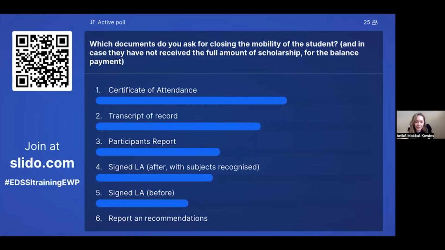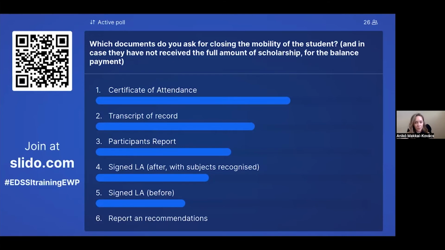So I see that basically all of them are in the same place because in my opinion and in my experience, these are the things that you have to ask from your students more or less. So the certificate of attendance is going to be super important to finalize the final amount of the scholarship. The transcript of records is an obligatory part and also going to be necessary for the recognition of the studies.